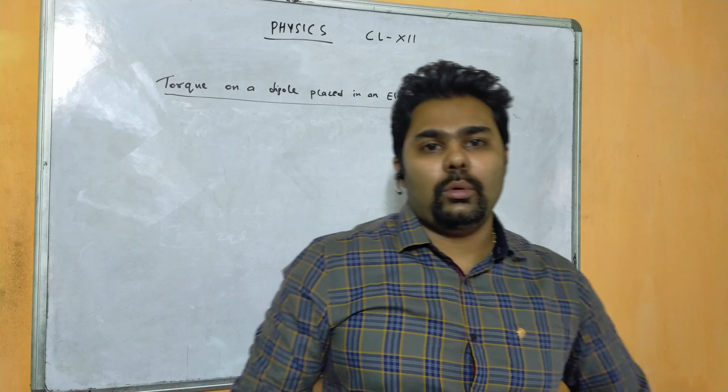That is 8.85 into 2, that is 17.7, and if we divide this value, 3 divided by 17.7, we will be getting here 0.16 into 10 to the power 6, or 1.6 into 10 to the power 5.